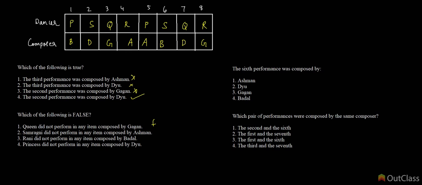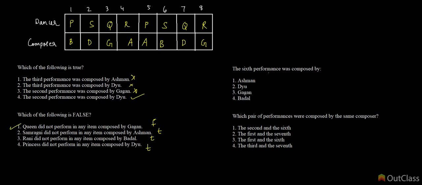S did not perform with Ashman, which is true. Rani did not perform with Badal is true. And Princess did not perform with Dew is also true, because she performed with B and A. They were asking for which one is false, so the answer is option 1.